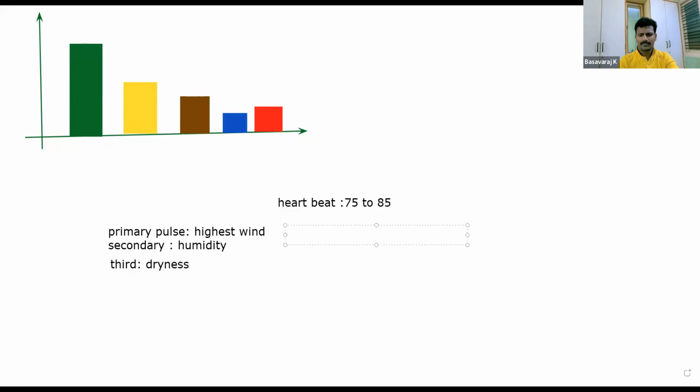In TCM, this pulse is called wiry. Wiry means very thin.